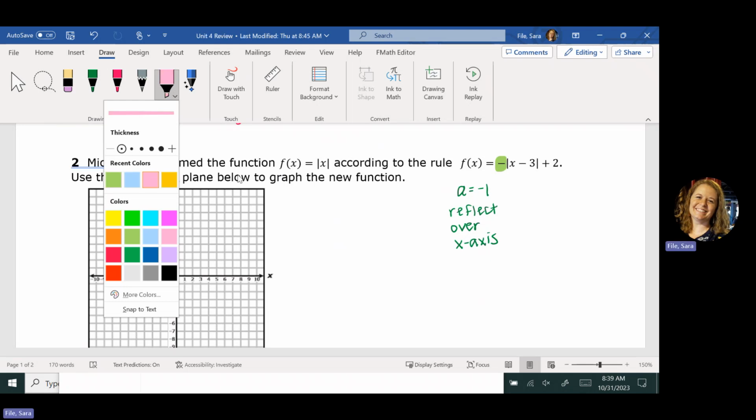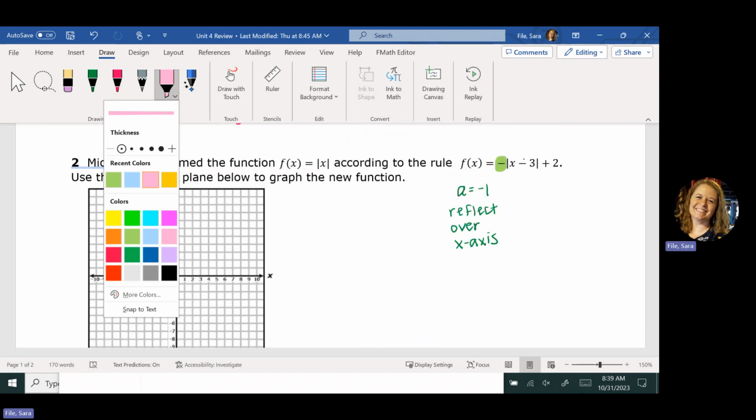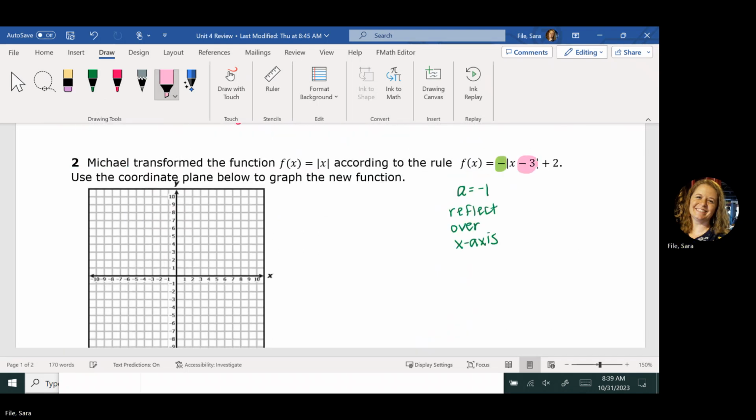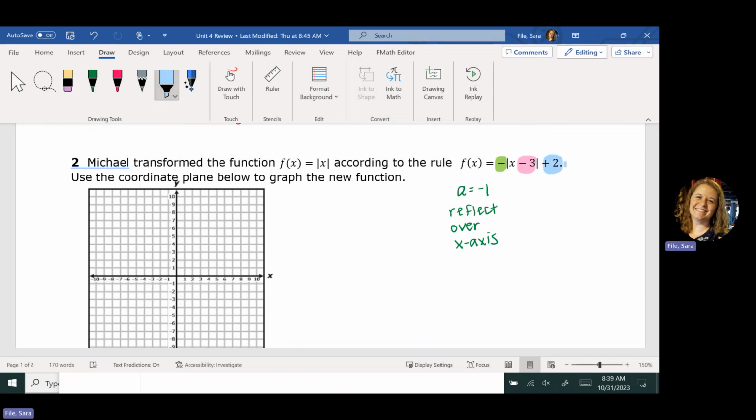I already forgot which color I used up here. Oh, pink inside. Okay. Then blue outside. So this tells me my H is +3, so that is right 3.